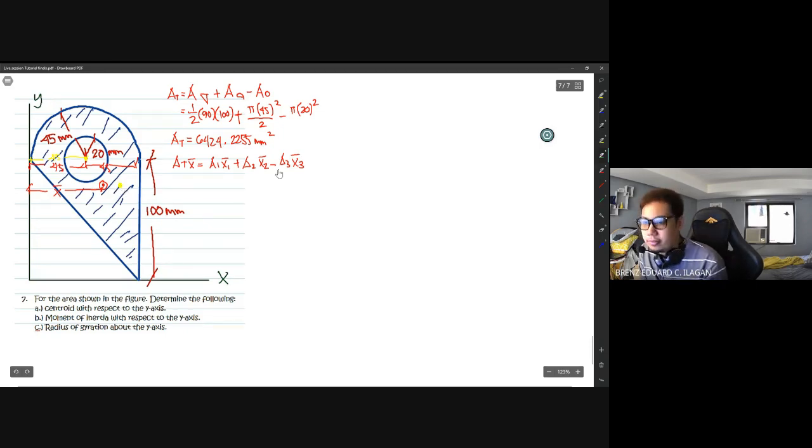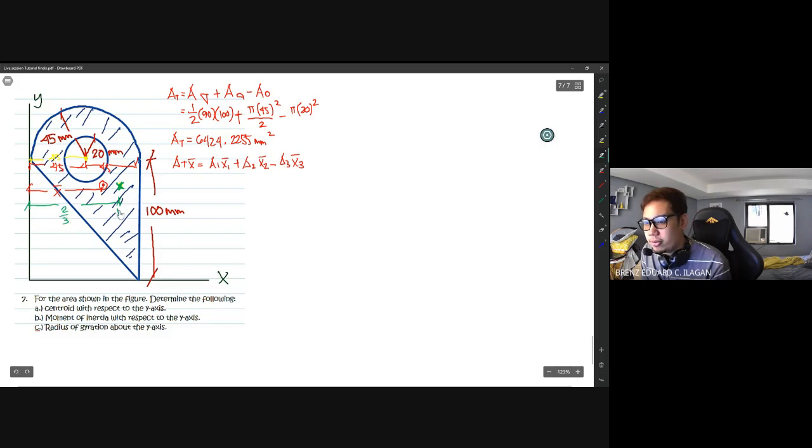Hindi pala kita. Ito. So gawin ko na lang x. Coming from this y-axis, ano yung centroid ng figure na yan? Di ba coming from the vertex o yung lowest point ng triangle, equal sa 2/3?